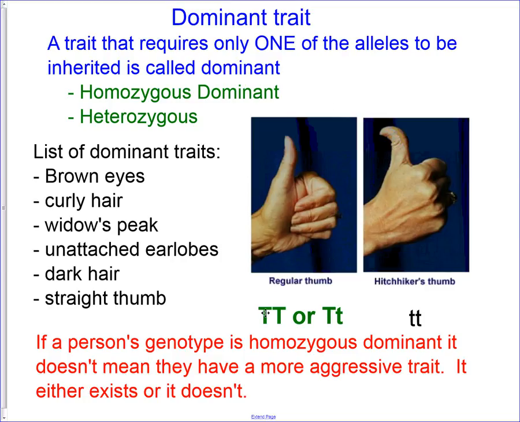So for example, a regular thumb will result as long as you have just one allele that codes for a regular thumb. But if you want a hitchhiker's thumb, you need to inherit both alleles that code for hitchhiker's thumb. So this makes this recessive, and just having one of these alleles will allow you to have a dominant trait.